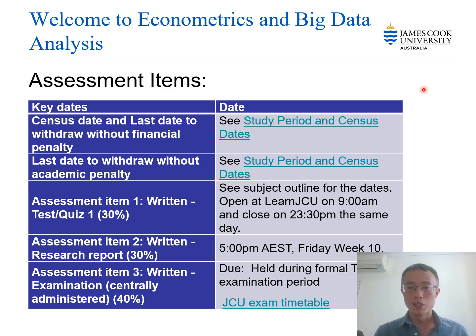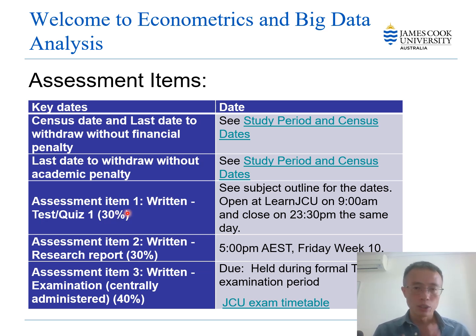One piece of information that I'm sure you are all interested to know is the assessment items. We have three pieces of assessment. The first one is the written test quiz.